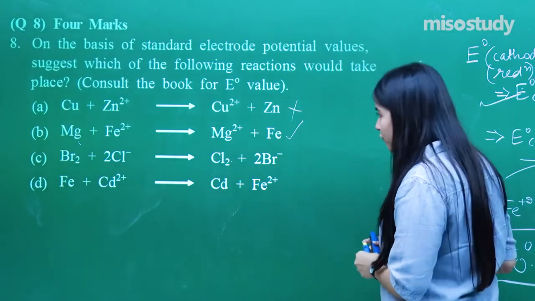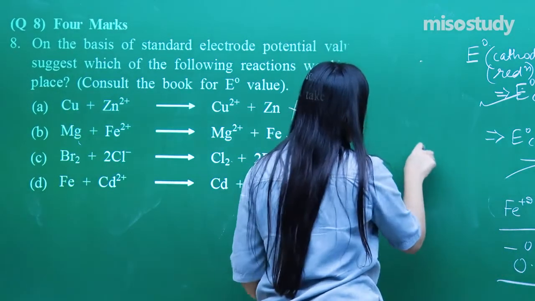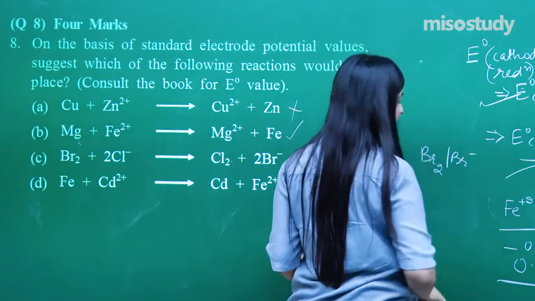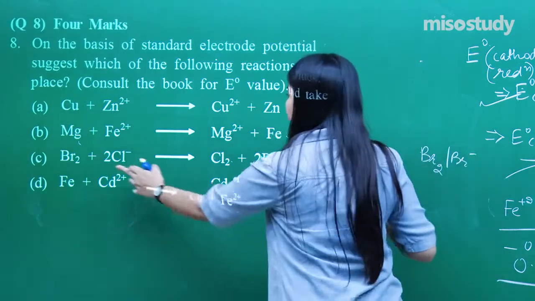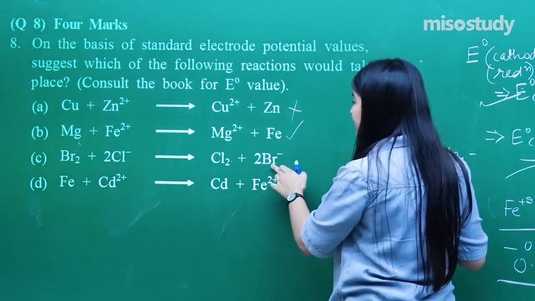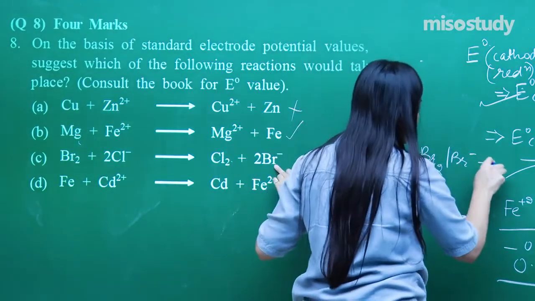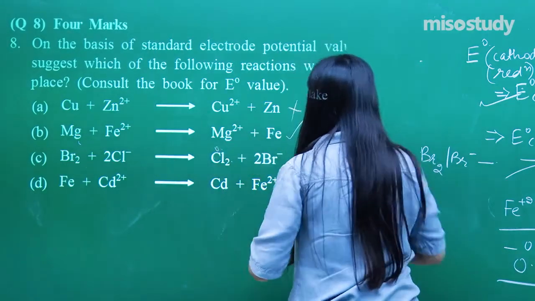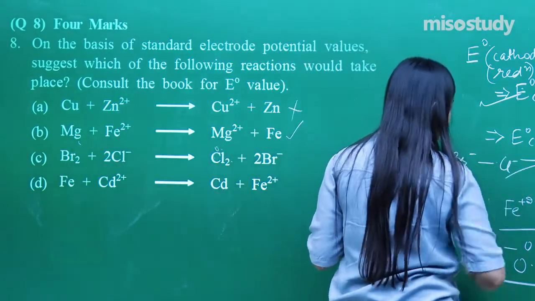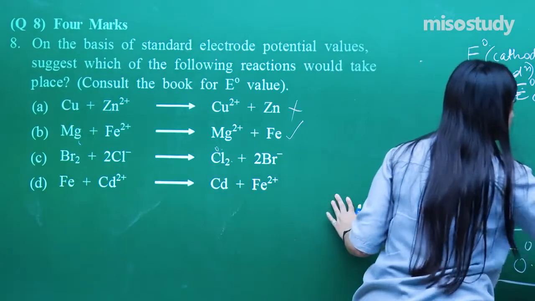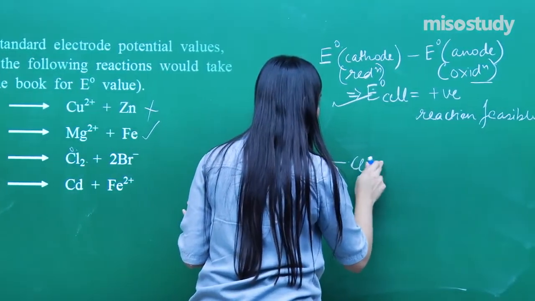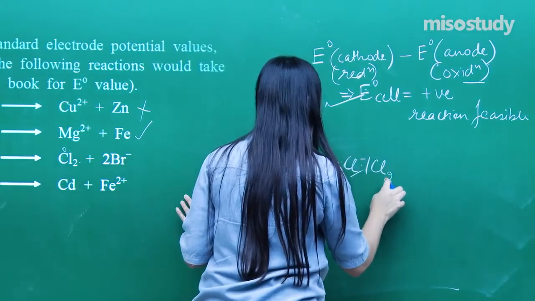See here, now for the bromine. Br2 to Br negative, right? That means this is the reduction which is happening. Minus of Cl negative to Cl0, it's the oxidation, Cl negative to Cl0, right?